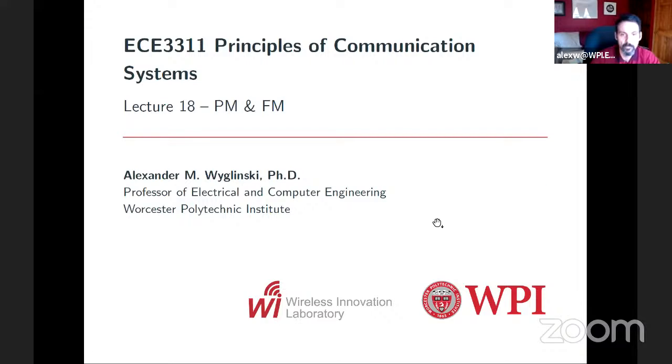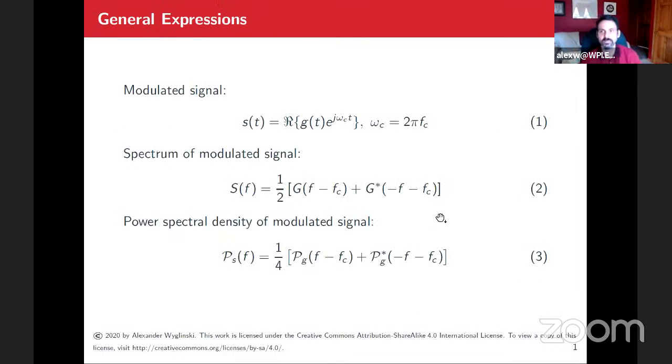Okay. So now let's go back to the slides. Again, we come back to the same expression, both for how we modulate in the time domain and what it looks like in the frequency domain, in terms of the spectrum and the power spectral densities, between complex baseband and real passband.